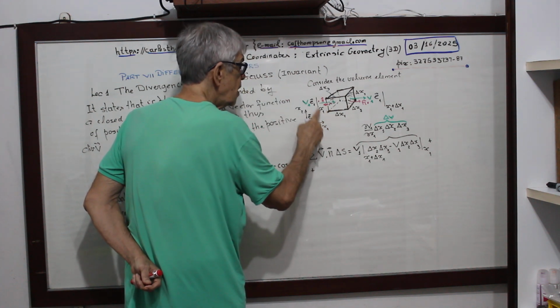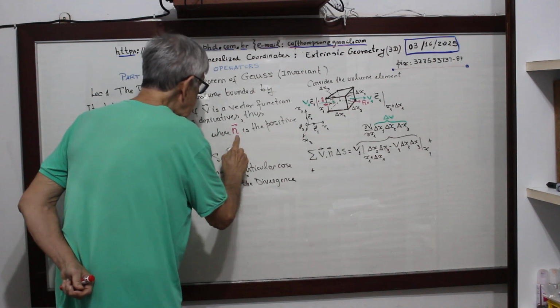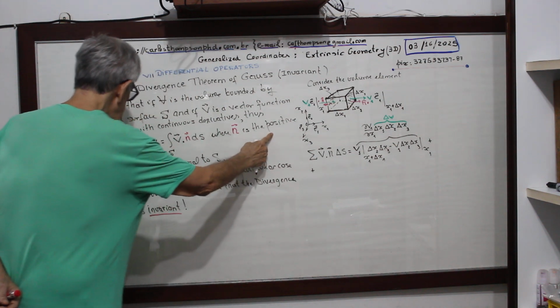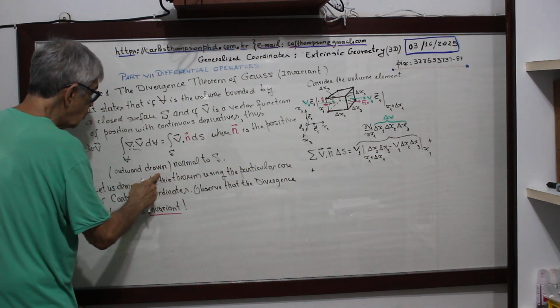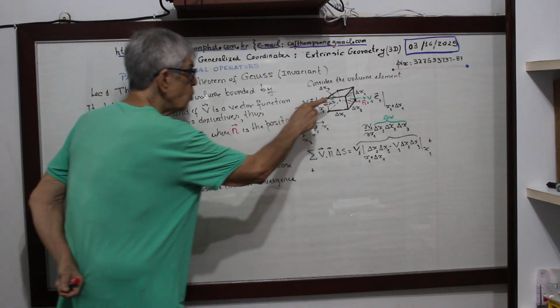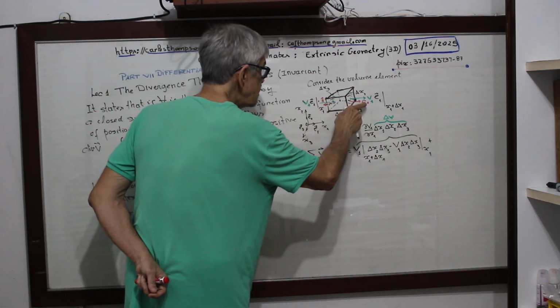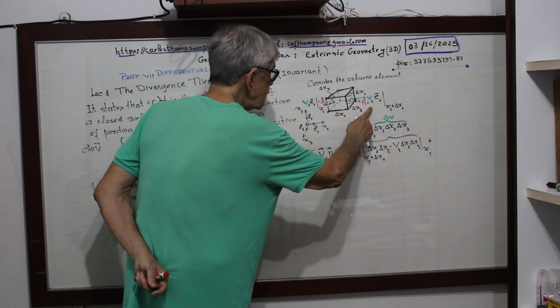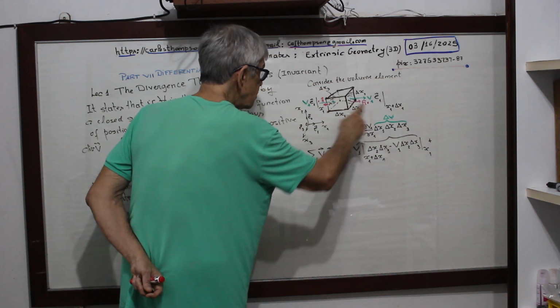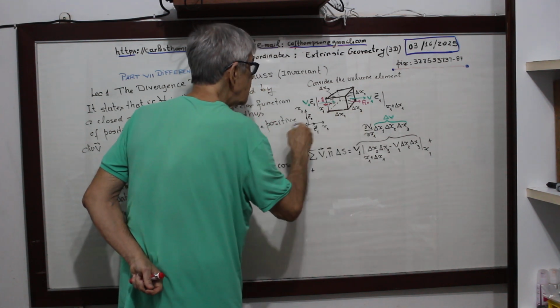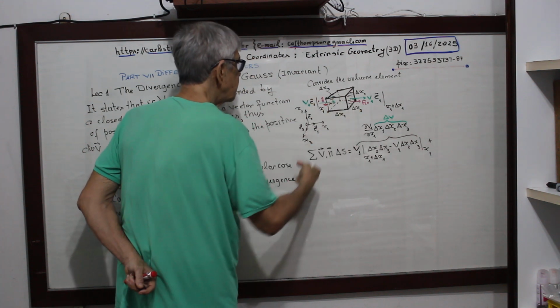Now, attention now, n is a normal, outward drawn. This n over here is in the x1 direction, but this one is the opposite, because it's outward.